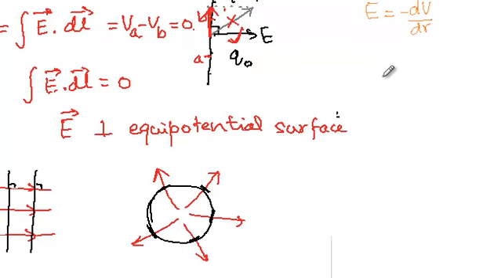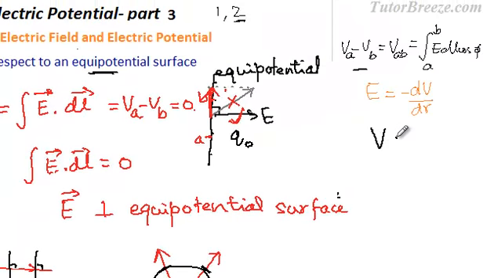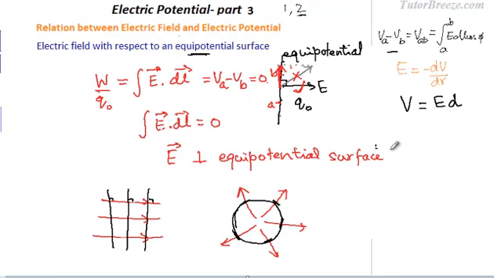The same formula at times is used in the form of V is equal to E times D, where D is the distance between 2 points in the electric field. And the final result that we have is that the electric field is perpendicular to the equipotential surface.